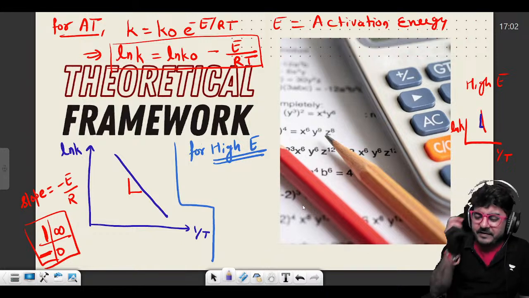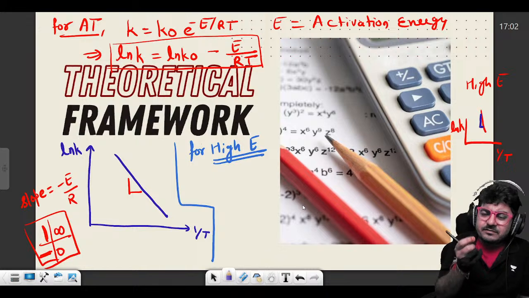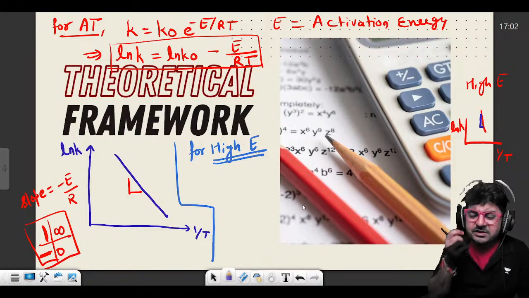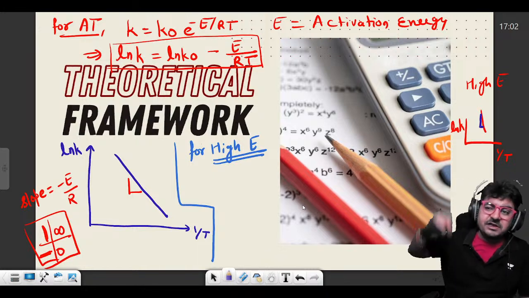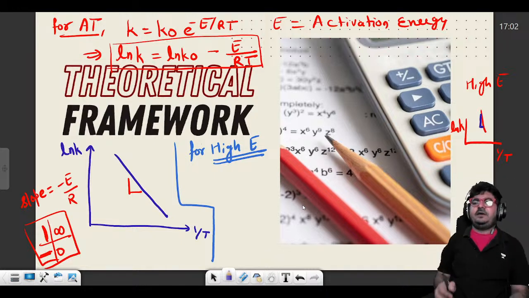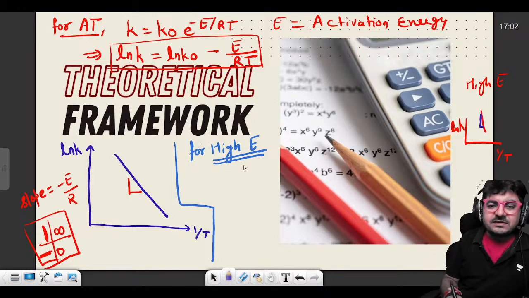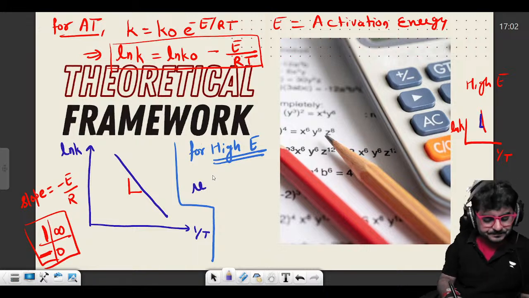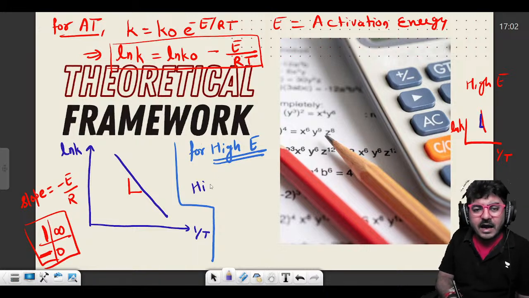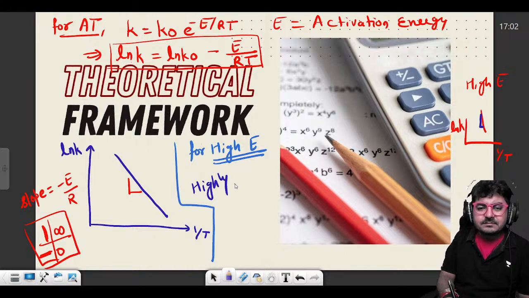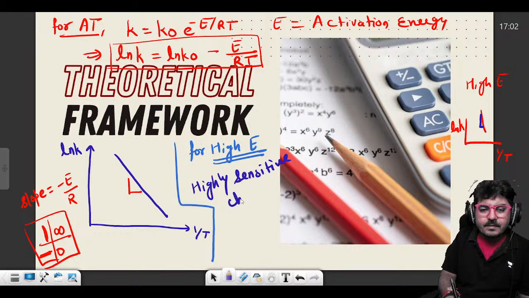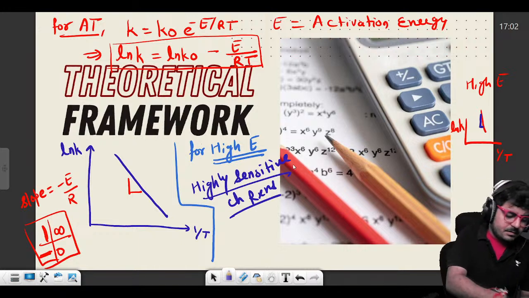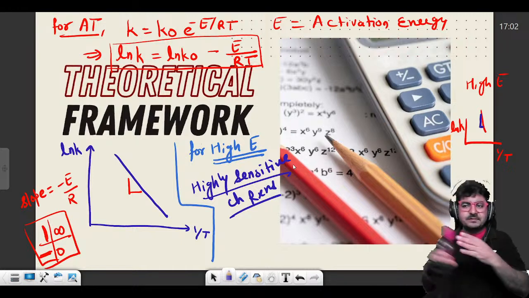A very small disturbance, a very small deviation in temperature can cause a very rapid, drastic change in the value of K. So such reactions which have high activation energy are known as highly sensitive reactions. I hope you understand this.